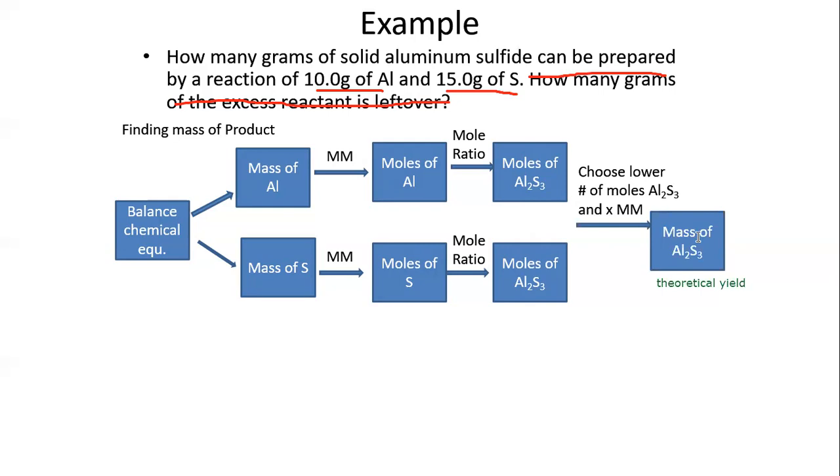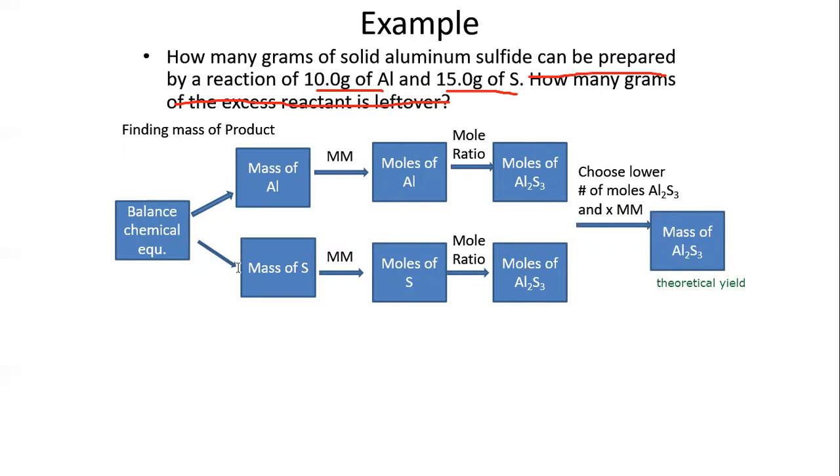Anytime we're dealing with stoichiometry, if we're given mass, we're going to have to give the amount of product in mass as well. This is referred to as the theoretical yield. It's the amount of product produced by the limiting reactant. This is the same pattern we're going to be doing over and over when we're doing limiting reagent problems.